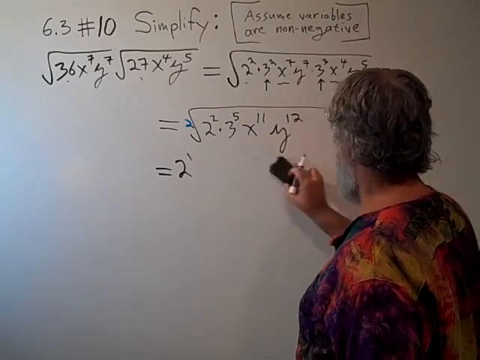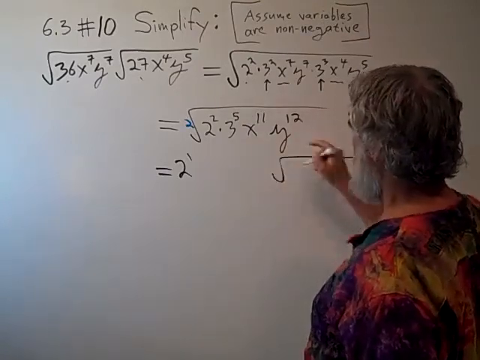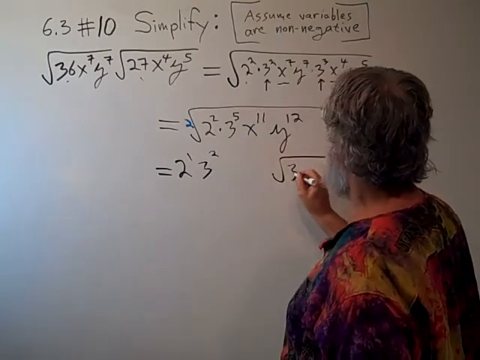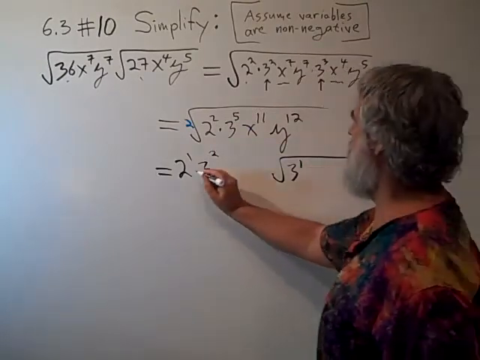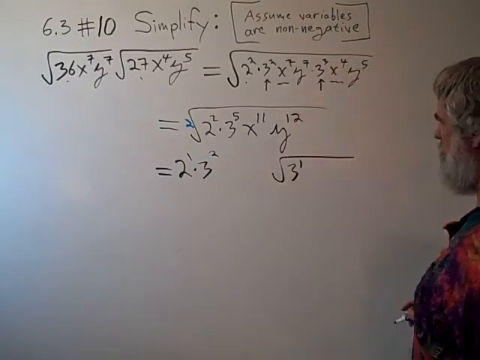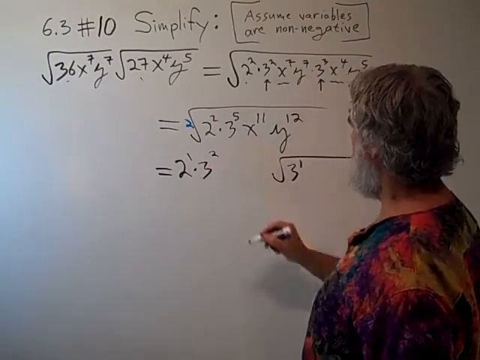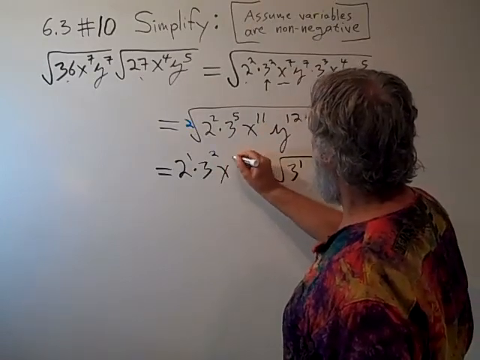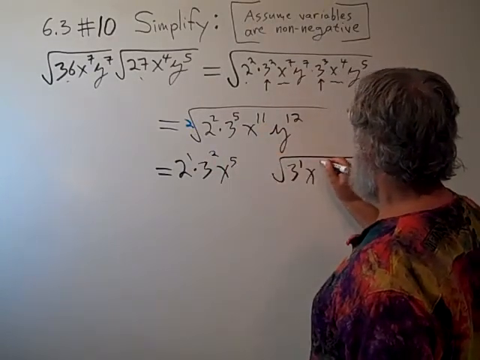And we need to move this over a little bit further. 2 divides into 5 2 times with a remainder of 1, so 1, 3 remains under the radical there. 2 now divides into 11 5 times with a remainder of 1.